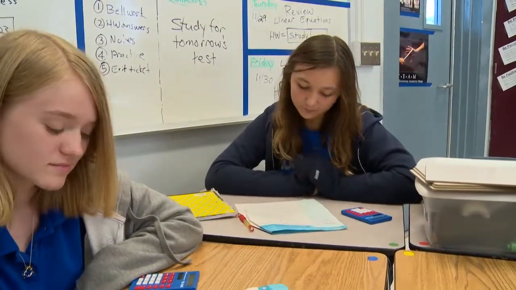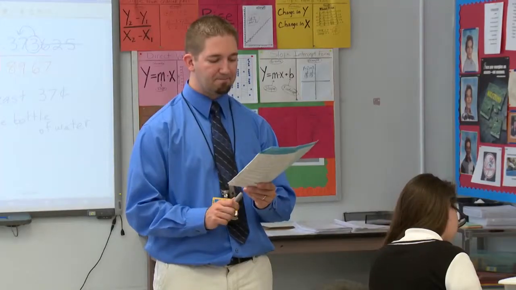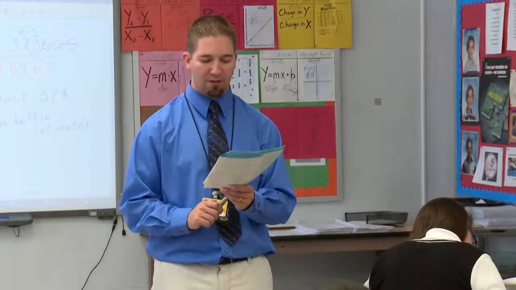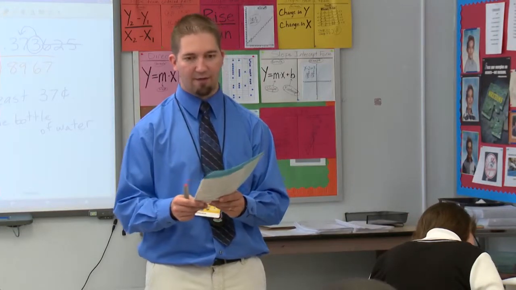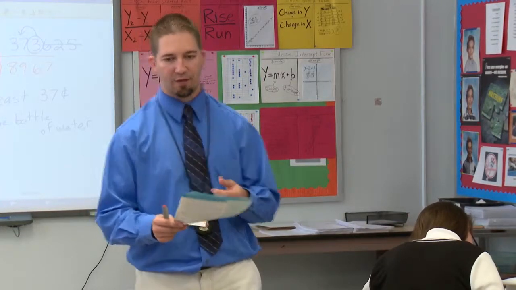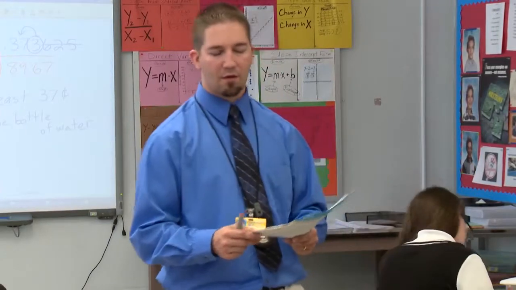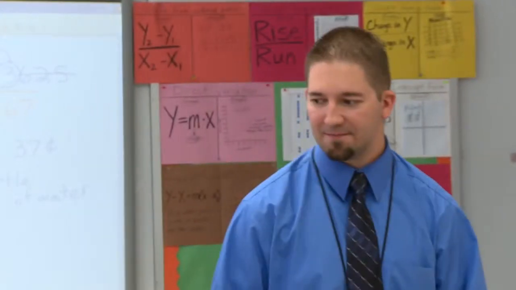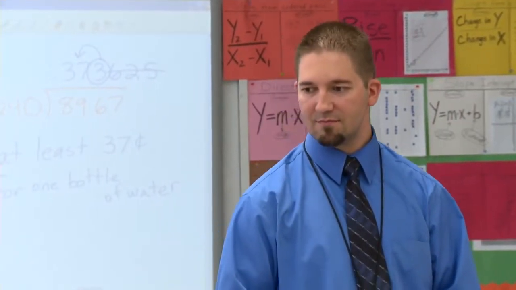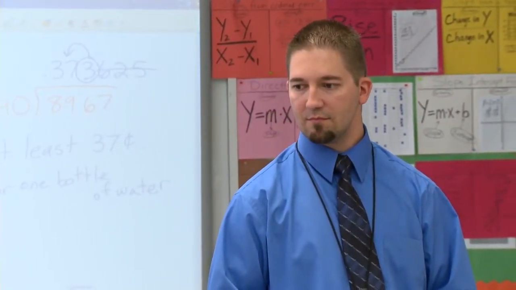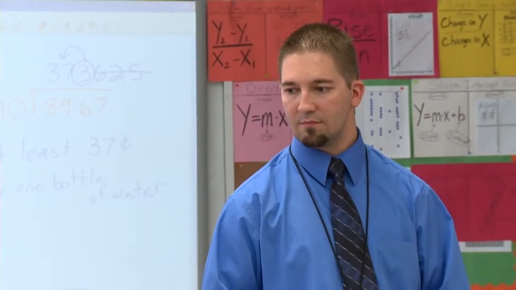Question number 7 says to develop a formula that you can use for calculating profit. Now it mentions the word formula. Please go ahead and underline that. Where have you heard the word formula before? Okay, Alex? Last year, the formula for a square.